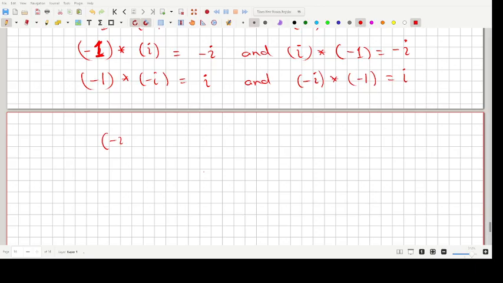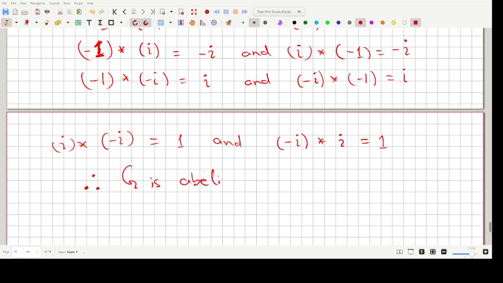Okay, finally there is just one more pair left of unequal elements. So i star negative i, that is equal to 1, and negative i star i is also equal to 1. So therefore our group G is abelian, right?